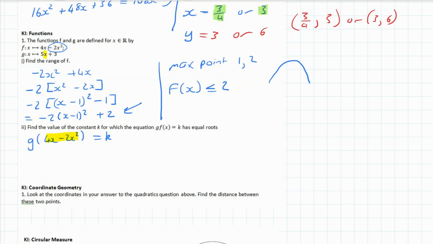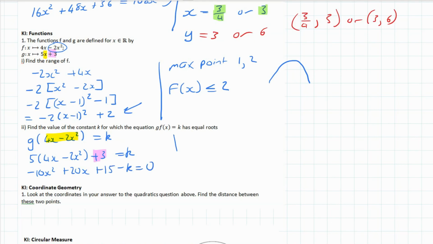So what we will do in our next line therefore is we're going to go 5 bracket 4x minus 2x squared plus the 3 equals k. Now that 3 you might be thinking, where the heck did that come from? This is this bit here. So I'm going to get negative 10x squared plus 20x plus 15 minus k is equal to 0.